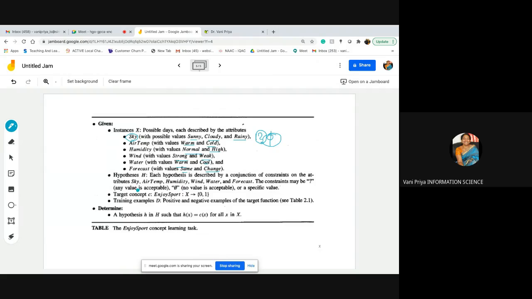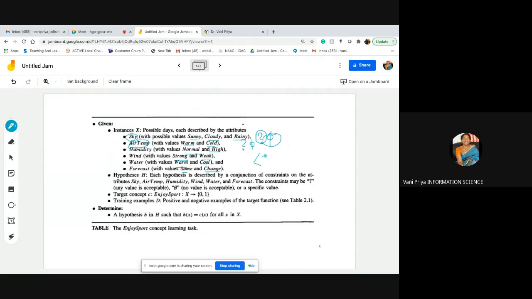Likewise, the air temperature can take a specific value, warm or cold, or it can be generalized so that any value is acceptable, or null so that no value is acceptable. The hypothesis is described by the conjunction of the constraints.